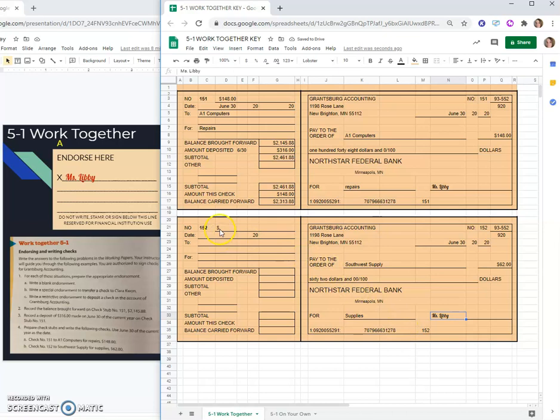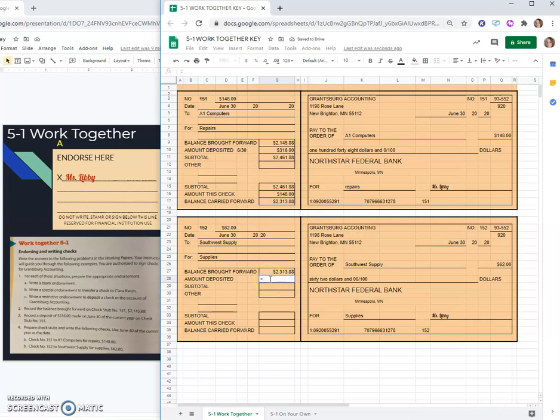Beautiful. And then we'll fill out our check stub. So it was $62. The date was June 30th of 2020. Maybe that would look better if it were right aligned. There we go. It is to Southwest Supply, and it is for supplies. The balance brought forward is going to be from our last check stub, so we'll just grab this $2,313.88.